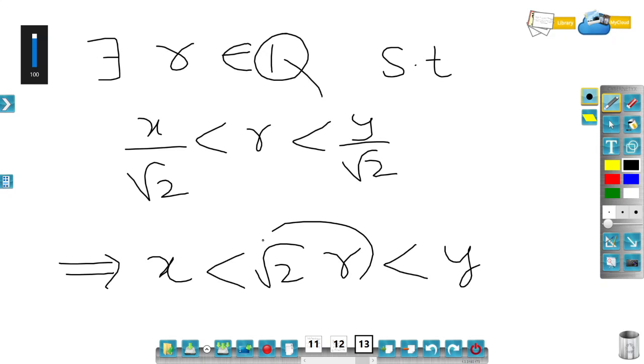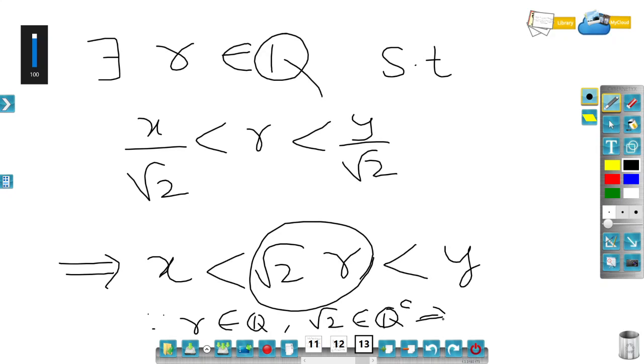Now just look at this number. Small r is a rational number and root 2 is an irrational number. When you multiply an irrational by a rational, you get an irrational number. So since r belongs to Q and root 2 belongs to Q complement, this implies root 2 times r belongs to Q complement, that is irrational, and we will call root 2 times r as q.